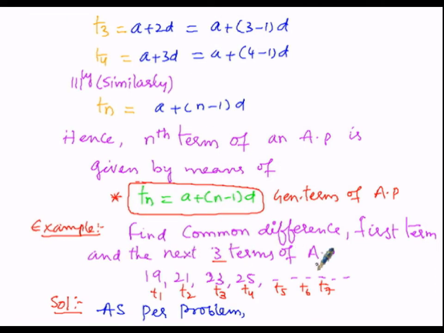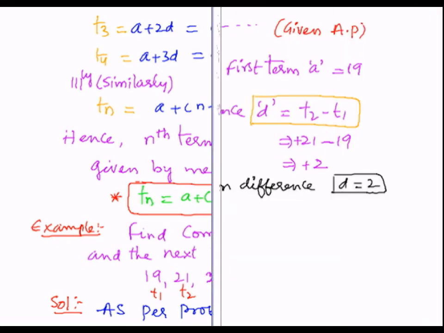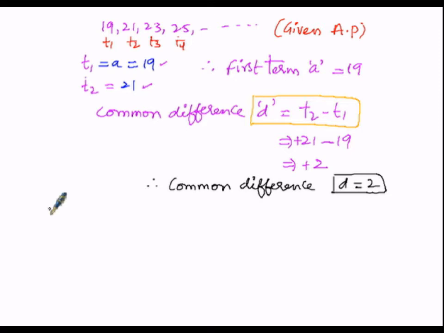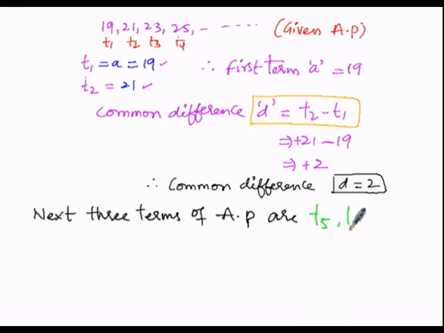So here the next three terms are T5, T6 and T7.